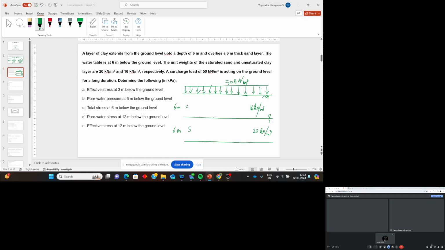So now you first calculate the effective stress. The first question is effective stress at 3 meters below the ground level. Yes, sir. So what will be the answer here?